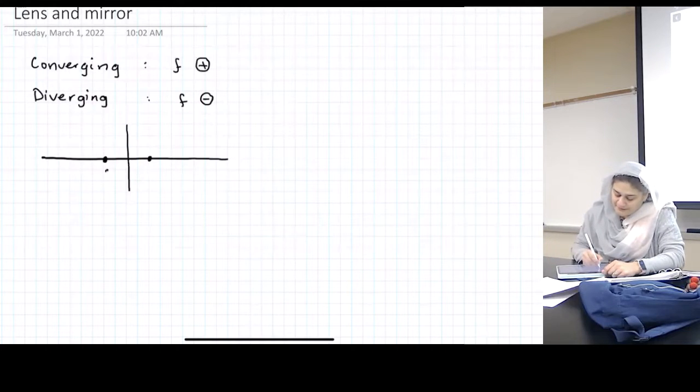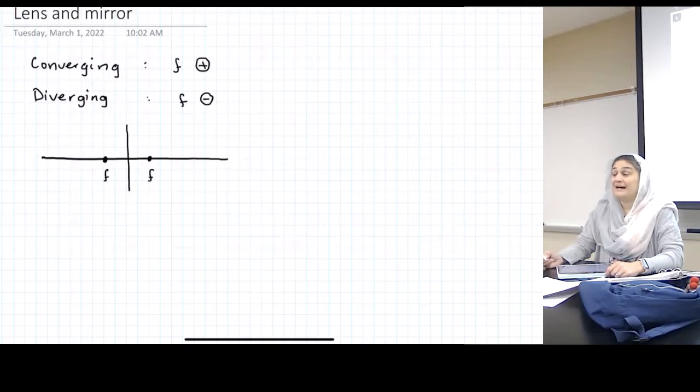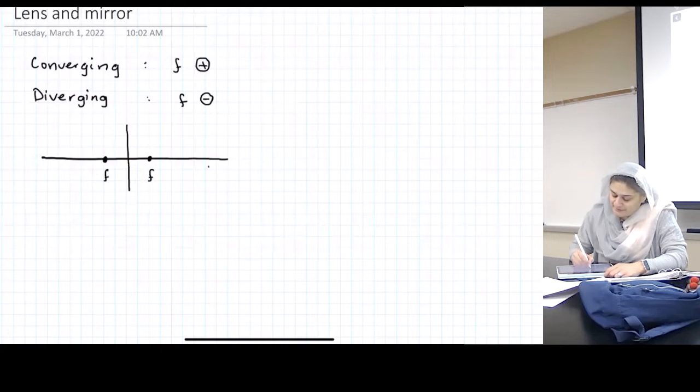The focal length will be marked on both sides of whatever optical system you have. This could be a lens or a mirror. This line in the middle is called the optical axis.